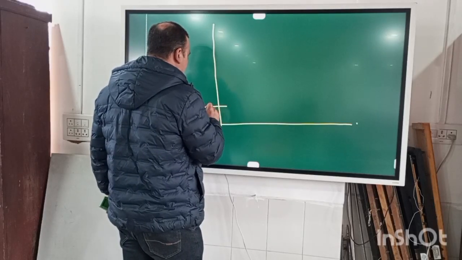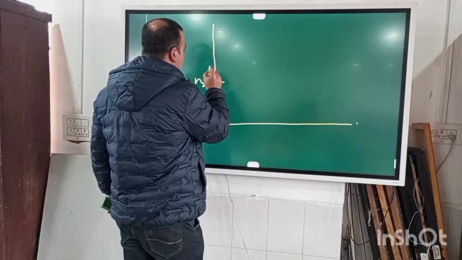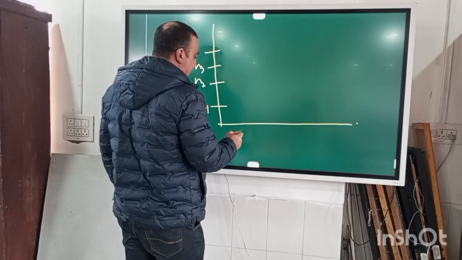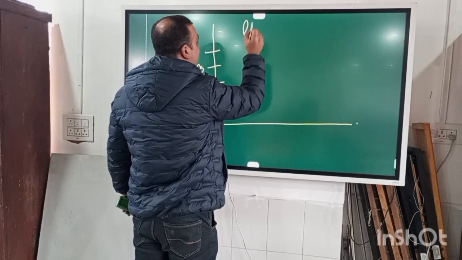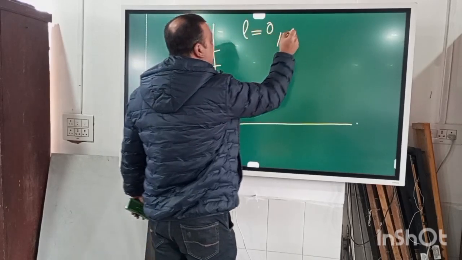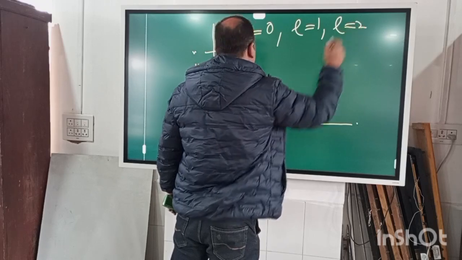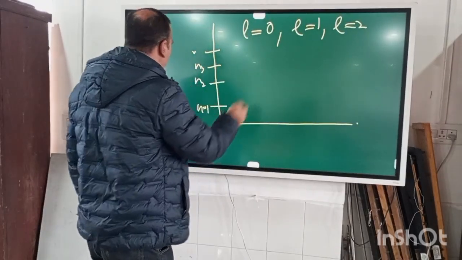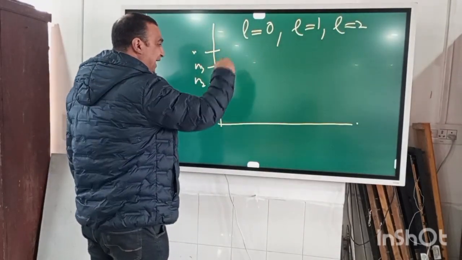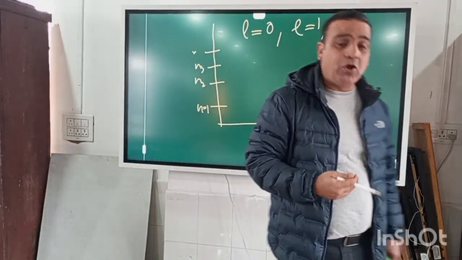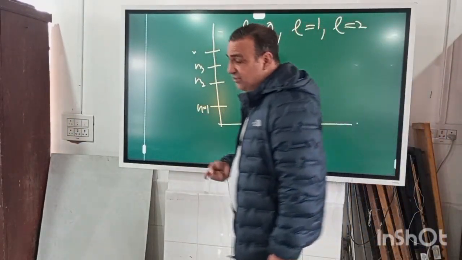So this is n equal to 1, n equal to 2, n equal to 3, n equal to 4, and you will be able to demonstrate all of those transitions. L is equal to 1 and L is equal to 2. You can demonstrate all of those allowed transitions, and you can also demonstrate the transitions that are not allowed by the selection rule.